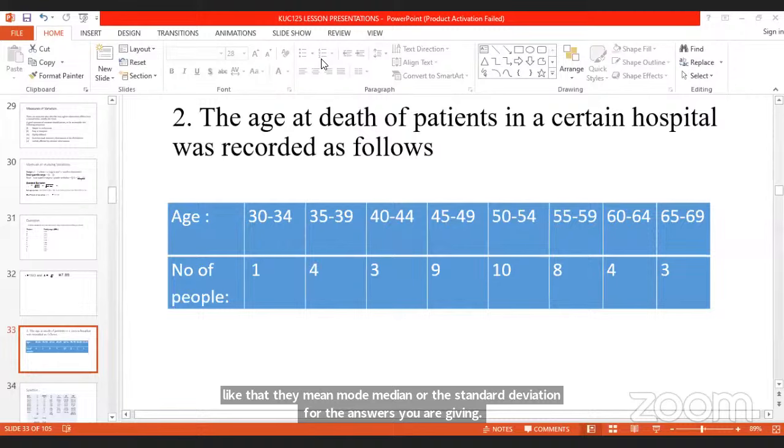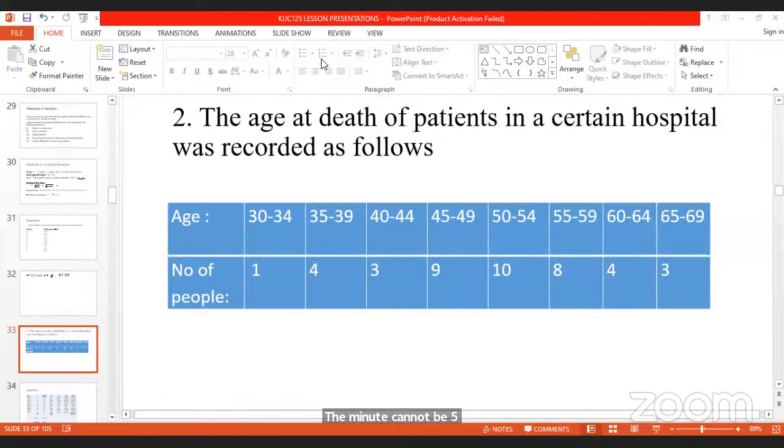The mean cannot be 5. Median is 4. Median cannot be 4.